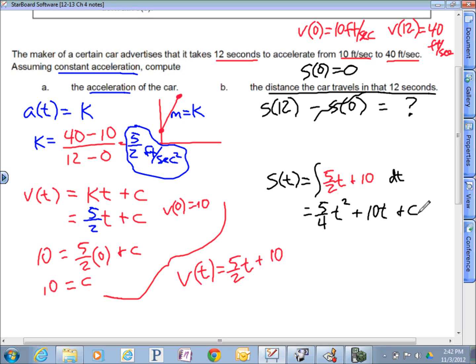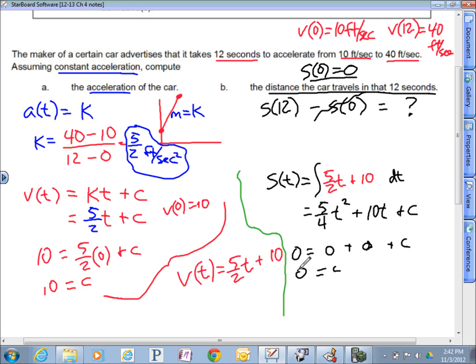So what do we know? Well, we knew the position at time 0 was 0. So using that information, let's put 0 in for position. Let's put 0 in for time. And we're going to find out that that C is going to end up to be 0.